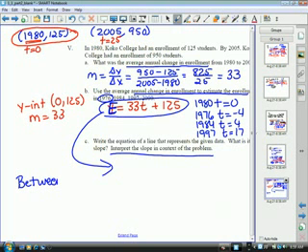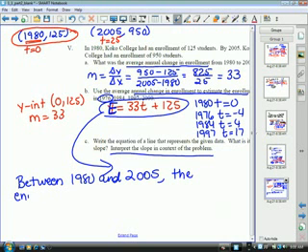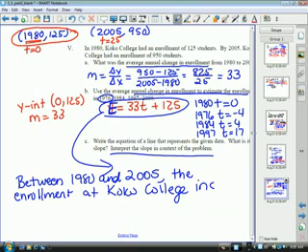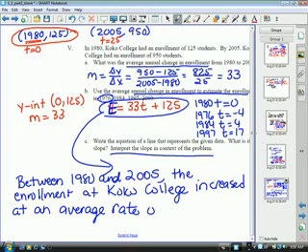So between 1980 and 2005, the enrollment at Cocoa College increased at an average rate of 33, what's the unit? Students per year.